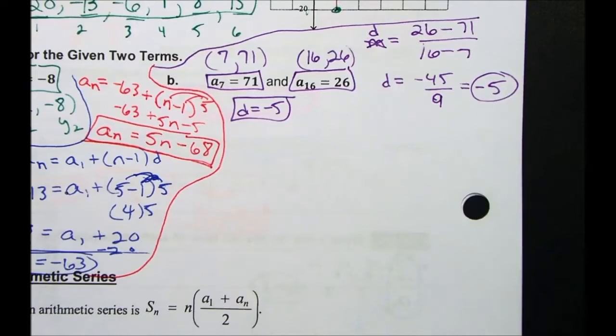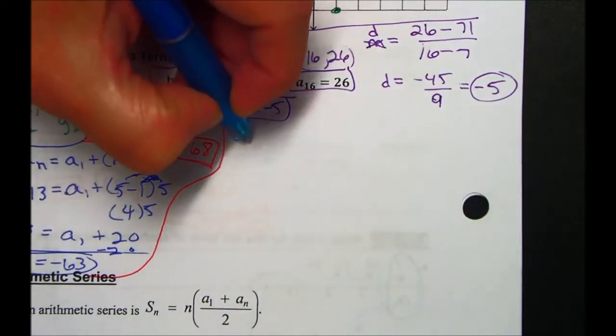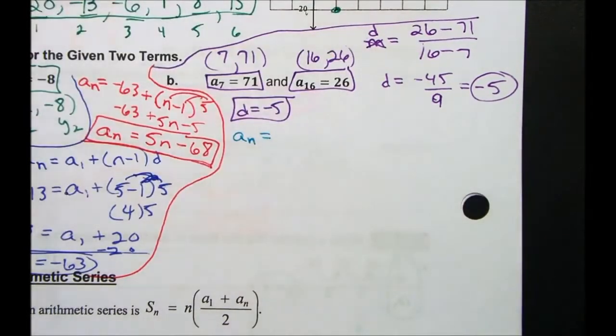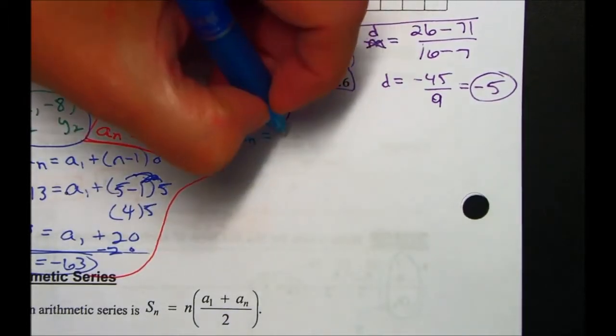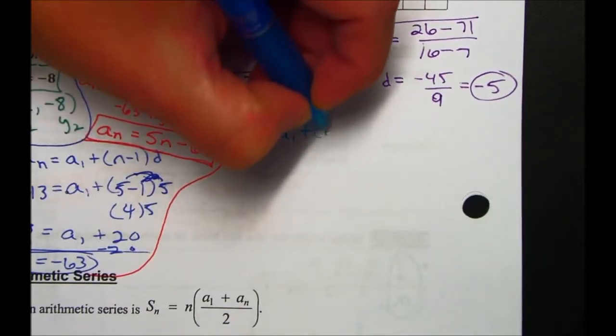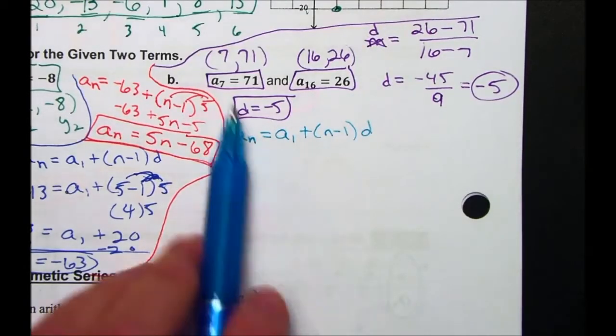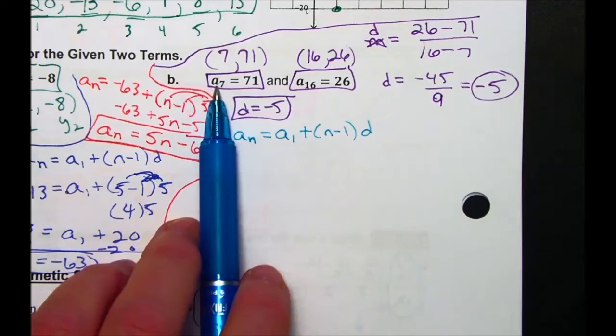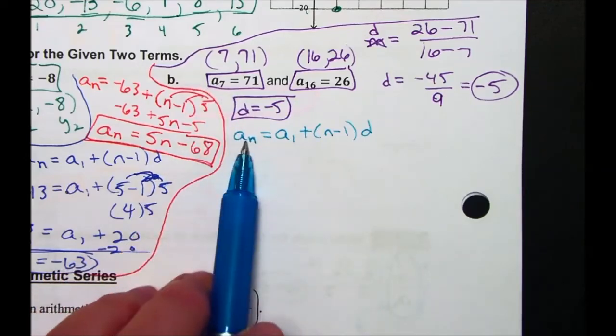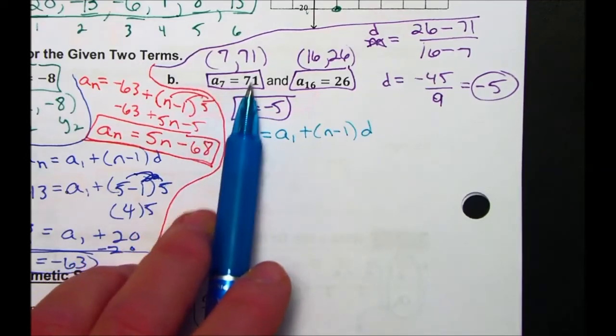Again, using that formula, you're going to see that formula so many times, there's no way you can't remember it. So a sub n equals a sub 1 plus n minus 1 times d. Again, we can use either one of these points. I'll just use the first one. So instead of a sub n, I'm going to plug in a sub 7, which is 71.